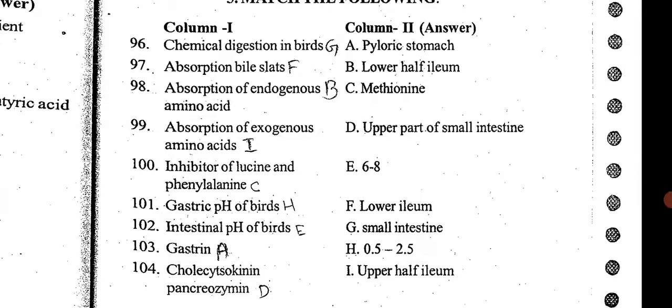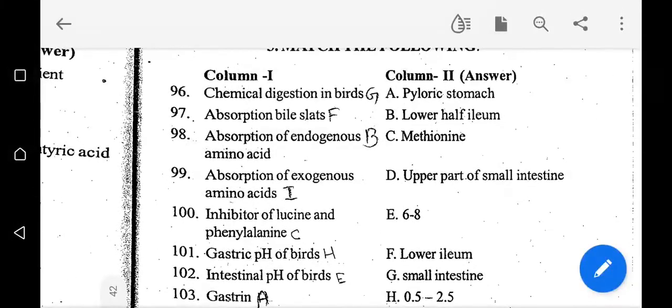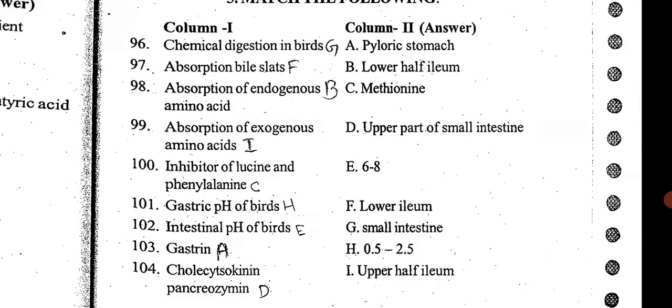Intestinal pH of birds is 6.6 to 8, slightly acidic to neutral to slightly basic. And gastrin is from the pyloric stomach.